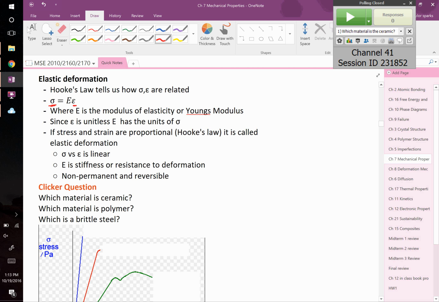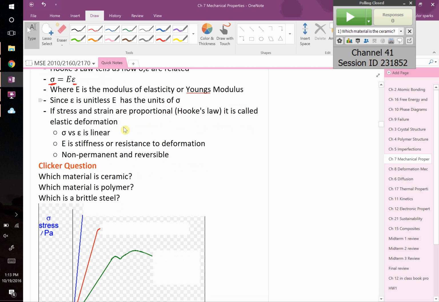And how much strain you get is proportional, with a constant of proportionality, which in this case is Young's modulus, sometimes called the elastic modulus or modulus of elasticity. Those are all the same thing. And since strain is unitless, this must have the units of stress, so it's megapascals, or more commonly gigapascals because it's much larger.